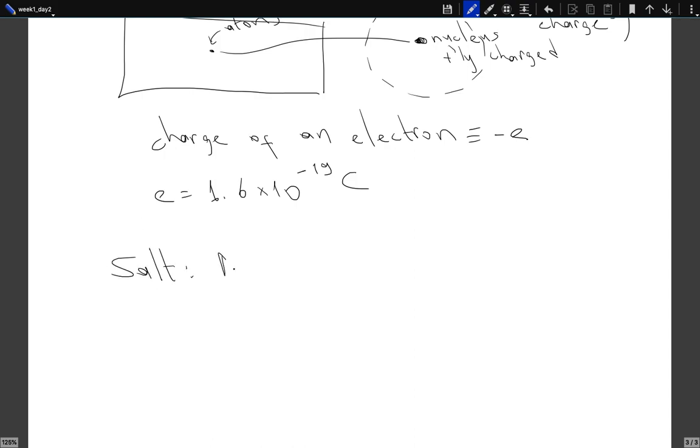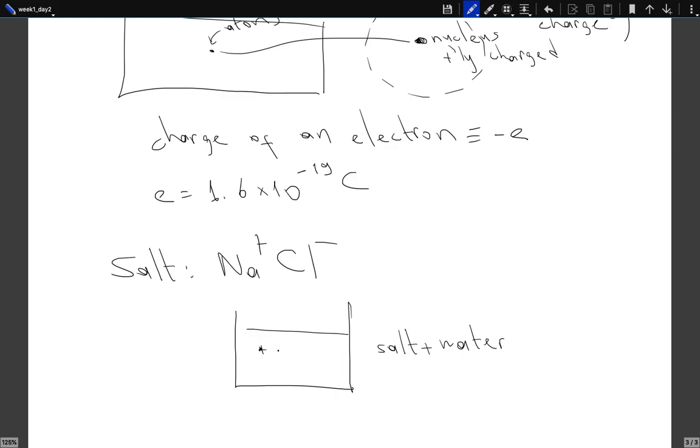Salt is sodium chloride. So sodium is positively charged, chlorine is negatively charged. If you prepare a salt solution, you have many positive charges, many negative charges.